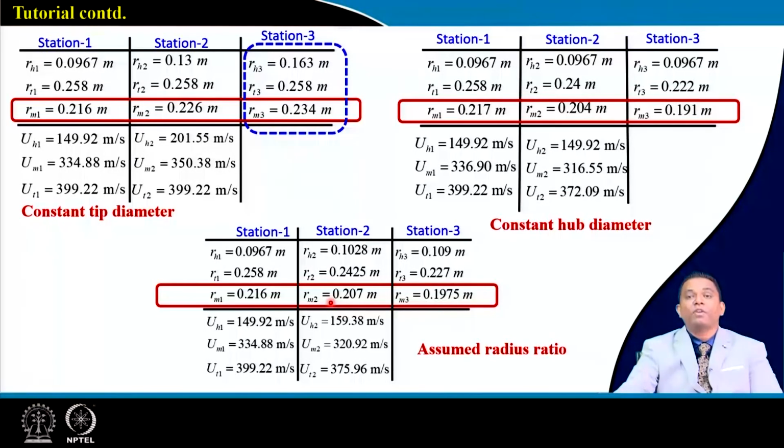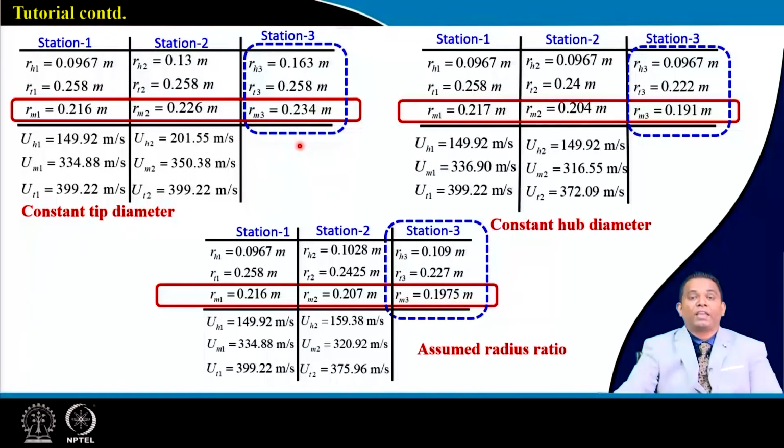At the same time, we can compare what is happening at the exit. This exit may be fixed by the next coming stage or the next coming duct. We are looking for some kind of management of flow.